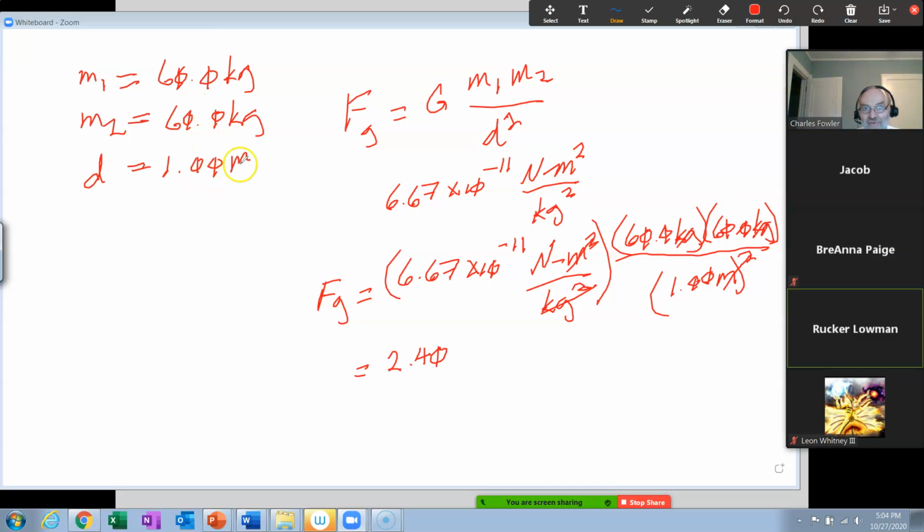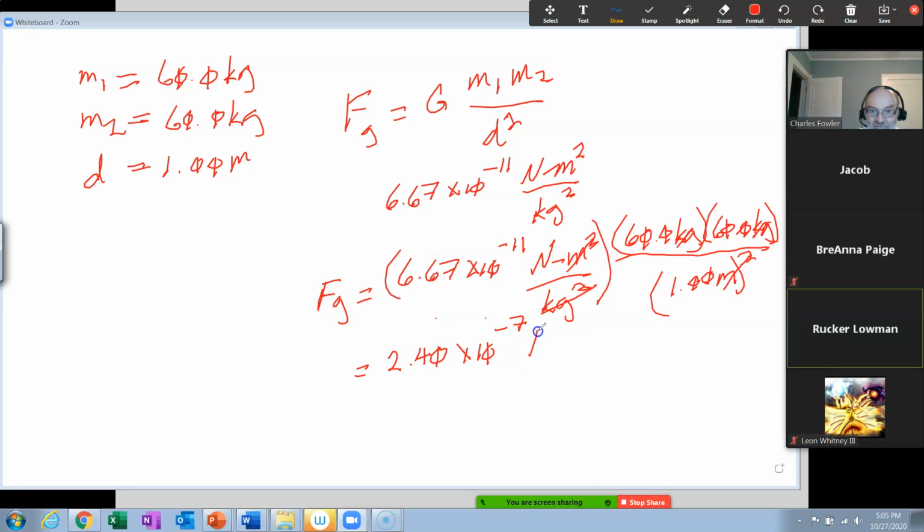So 2.40, the next digit is a 1, that's less than 5, so I'm going to leave that alone, times 10. Now I'm going to count how many decimal places I have to move the decimal to after the 2. That's 1, 2, 3, 4, 5, 6, 7. 10 to the minus 7, because you moved it to the left.